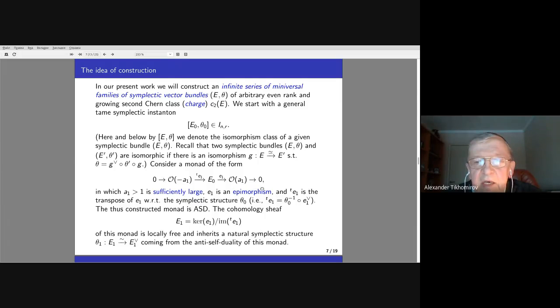Everywhere by the transpose of the right-hand morphism, we mean the dual of it composed with the symplectic structure.